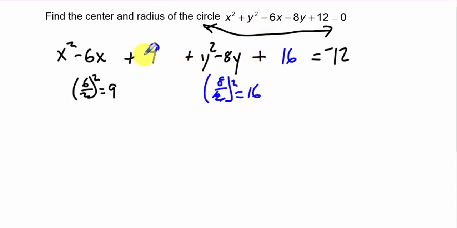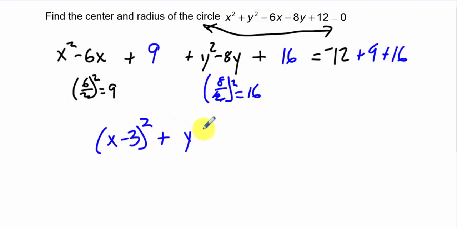And now, if we've added 16 and 9 to this side, we have to add 16 and 9 to this side just to keep the equation balanced. So now notice we have a perfect square. That's just x minus 3 squared plus y minus 4 squared is 13.